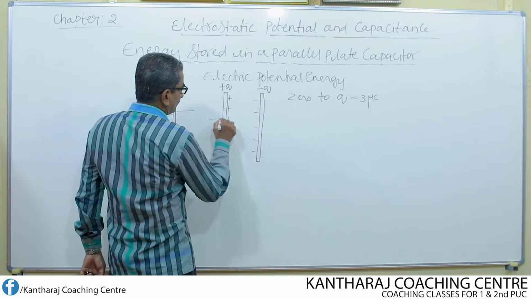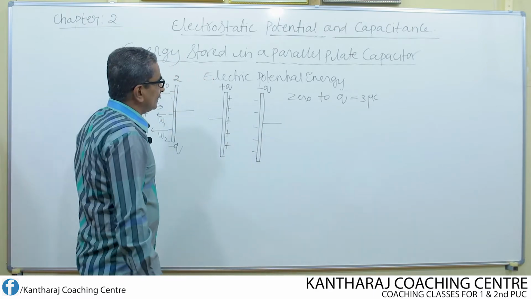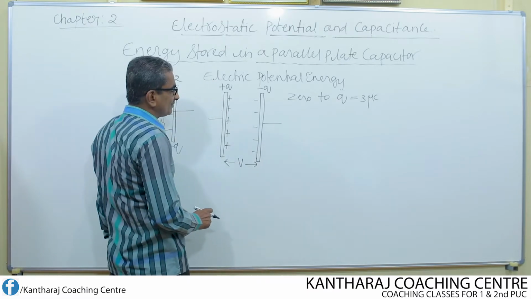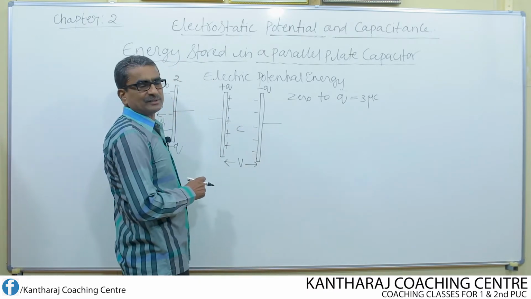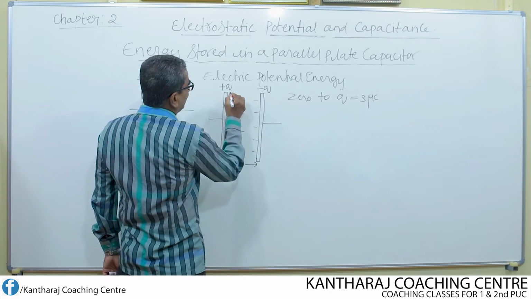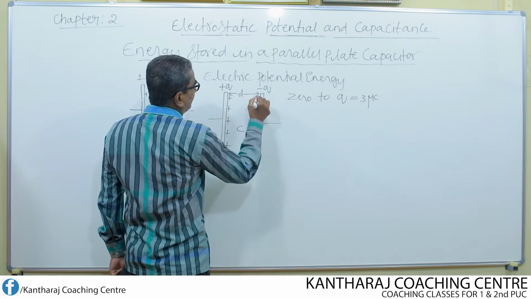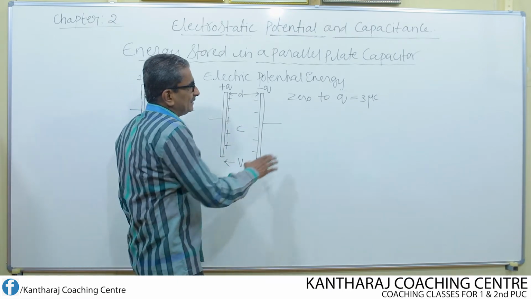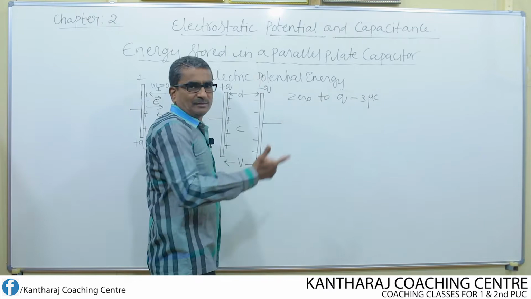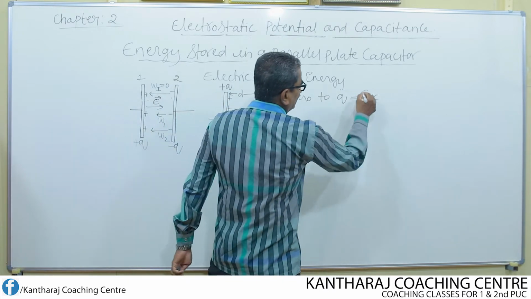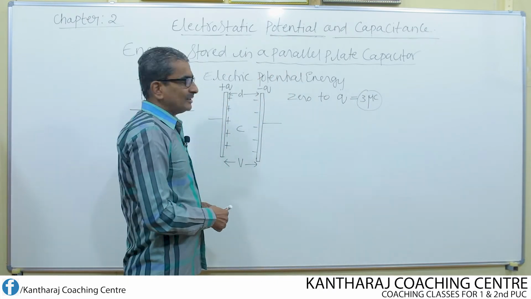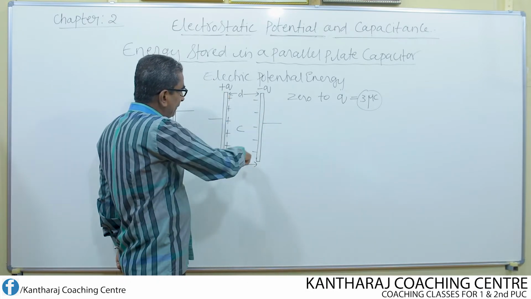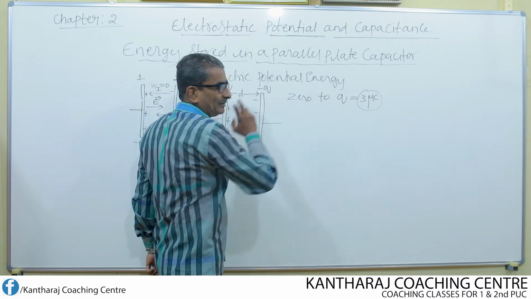Now, let V be the potential difference between the two plates and C be the capacitance of the capacitor and d be the distance of separation between the two plates. While charging the capacitor from 0 to any Q coulombs, here I have taken as an example 3 microcoulomb. What is the potential at any instant of time while charging this capacitor from 0 to Q coulomb?